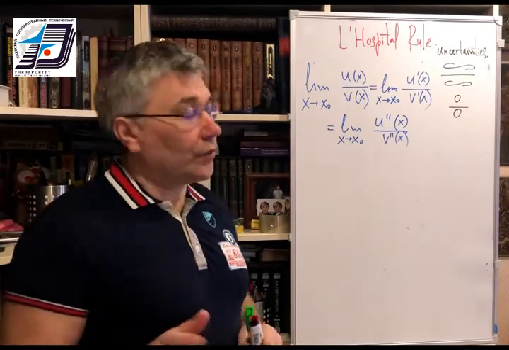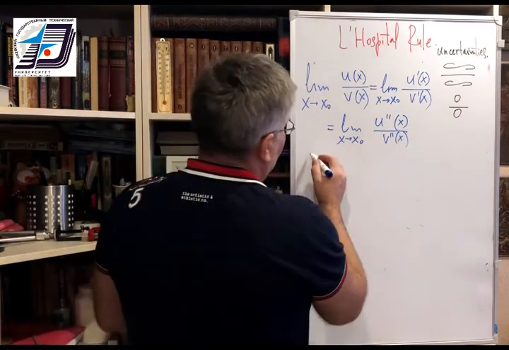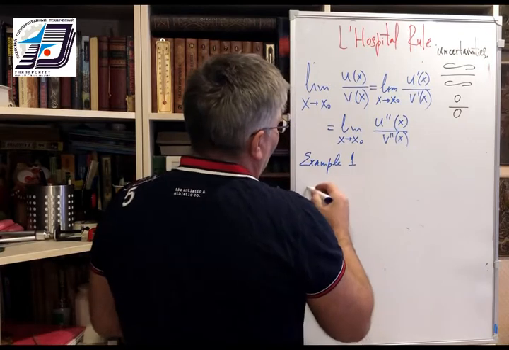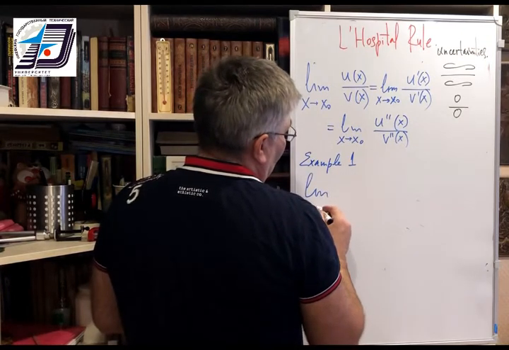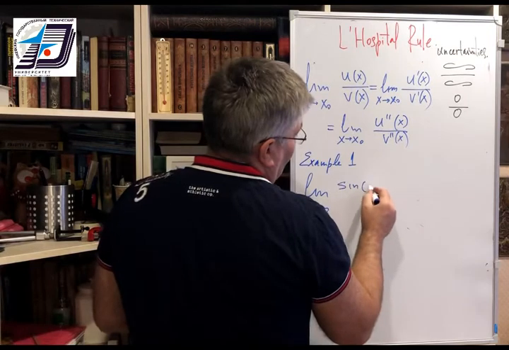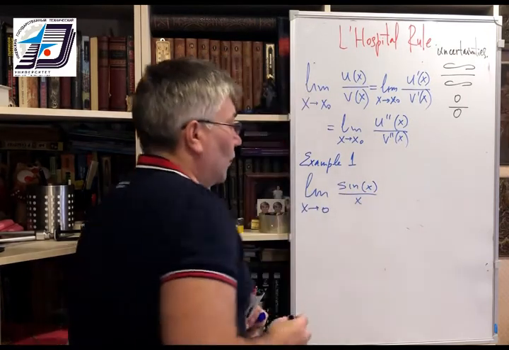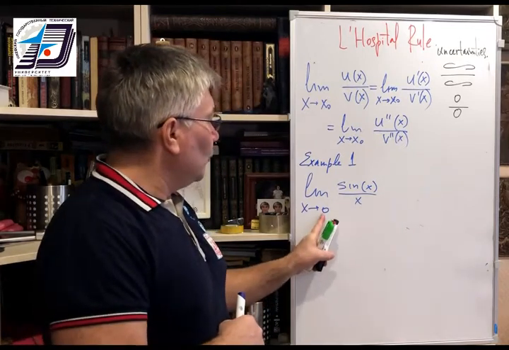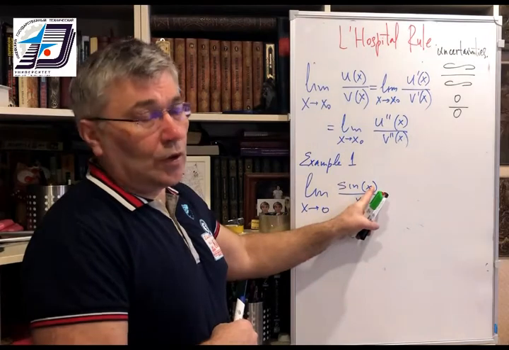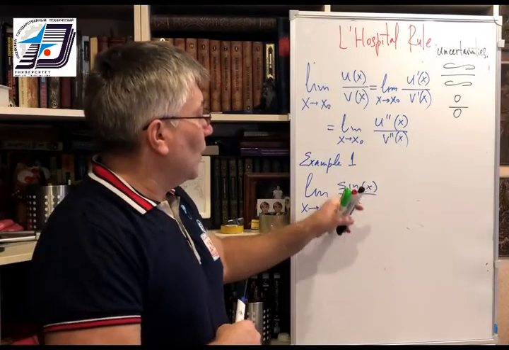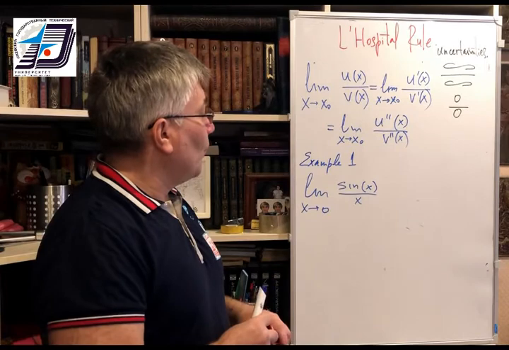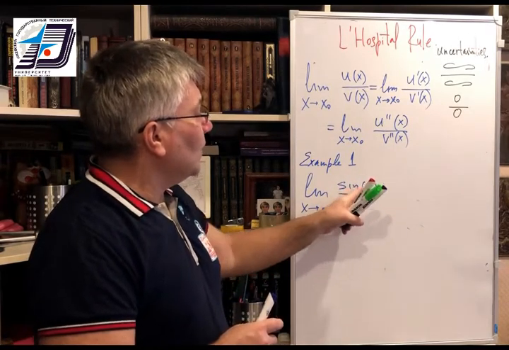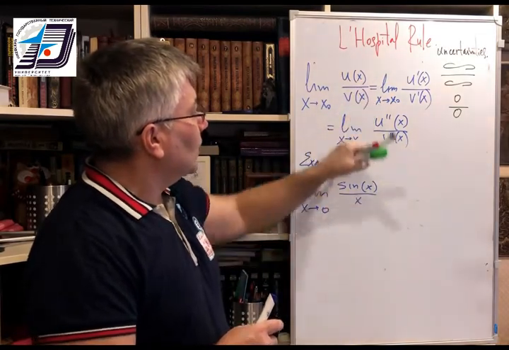So how does this rule work? Let's consider 2 or 3 examples. Example 1. We heard, as you remember, this limit sine of x over x. We can consider sine x as u of x and x as v of x.